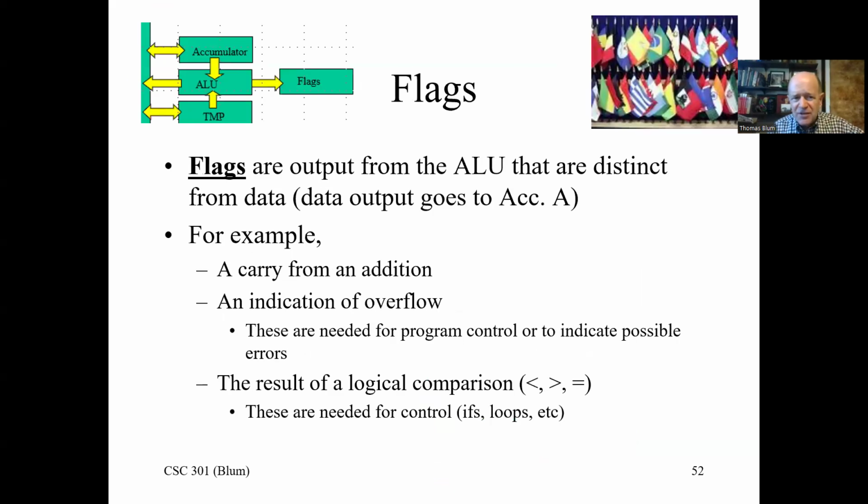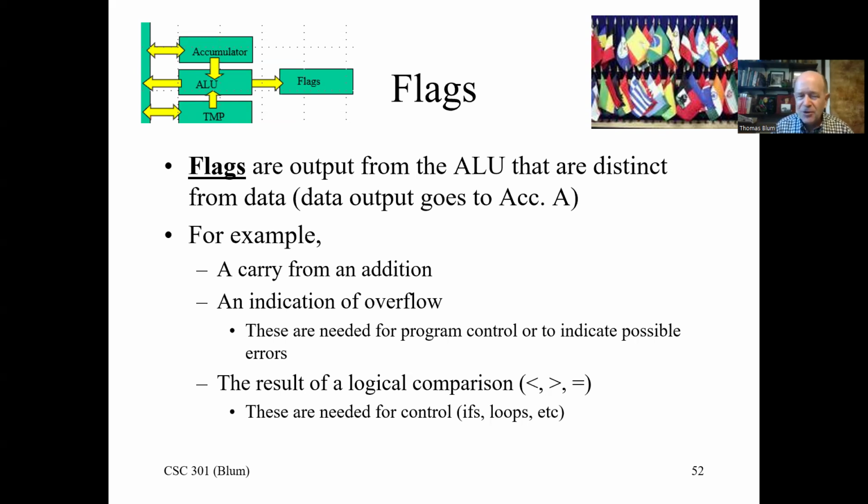The operations of the ALU, certain things can happen. We can do a comparison, and then that might change a flag, or something may go wrong. So there are various things, the ALU comparisons or overflow problems that can be indicated in the flag.